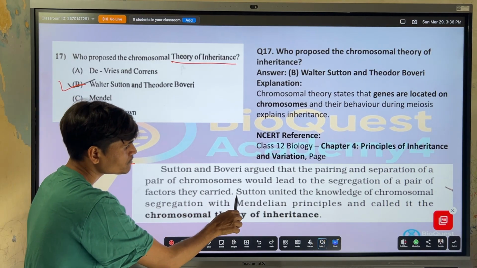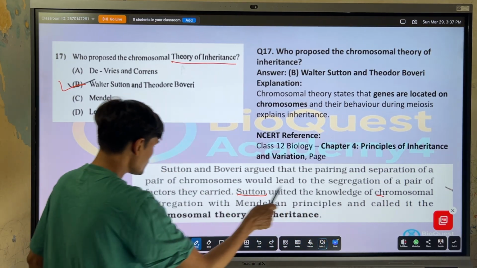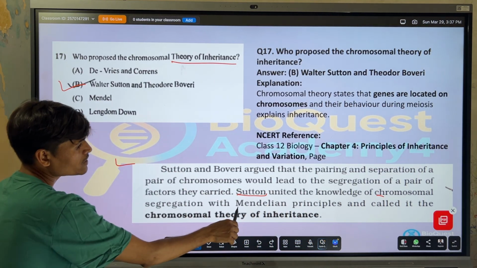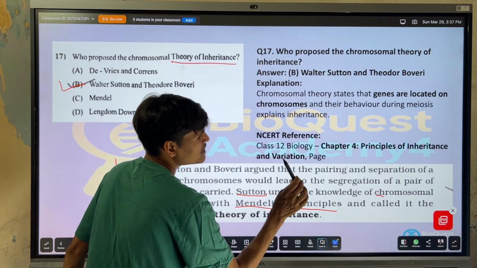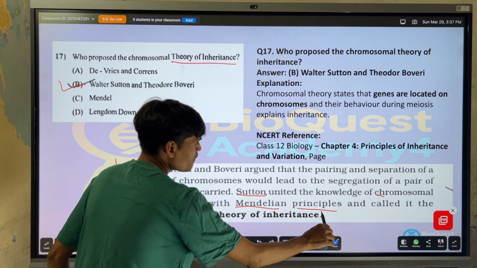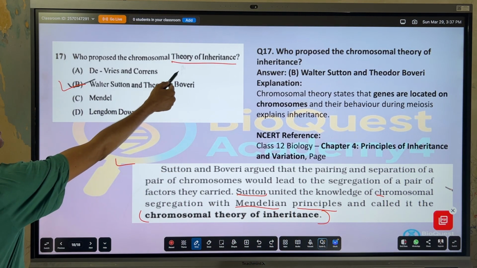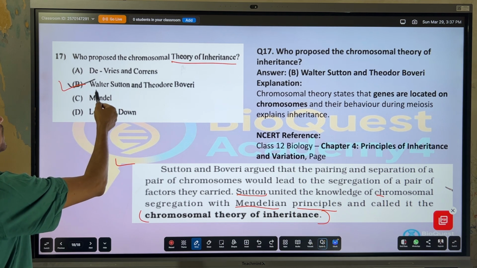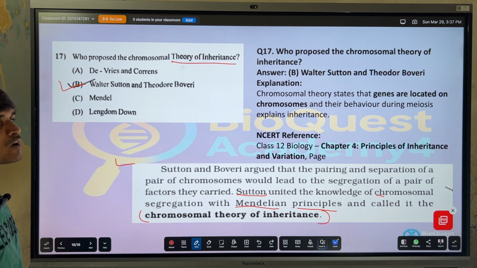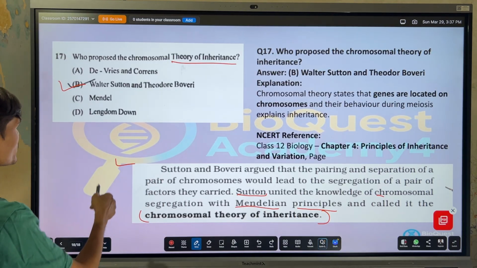And Sutton united the knowledge of chromosomal segregation with Mendelian principles, and then he called it the chromosomal theory of inheritance. So who gave the theory? Walter Sutton and Theodore Boveri.